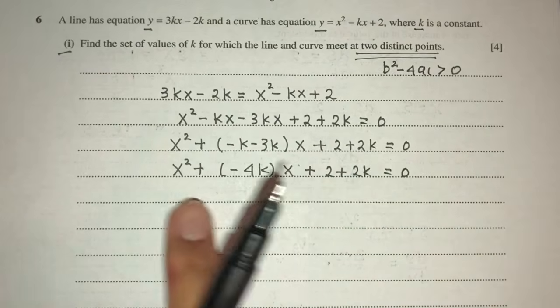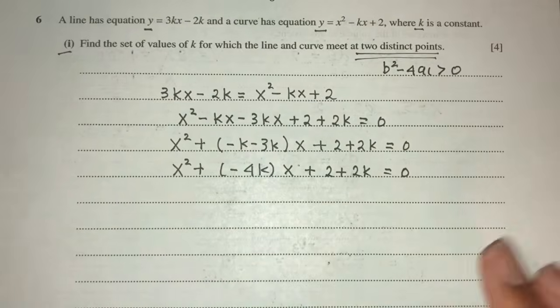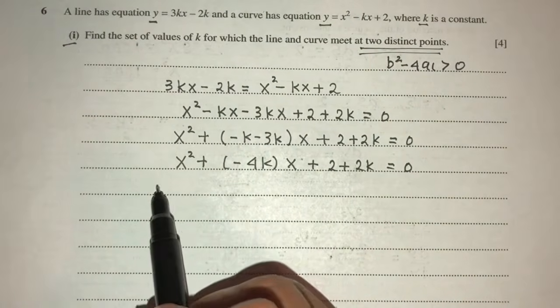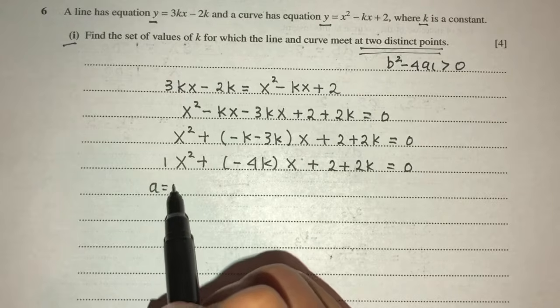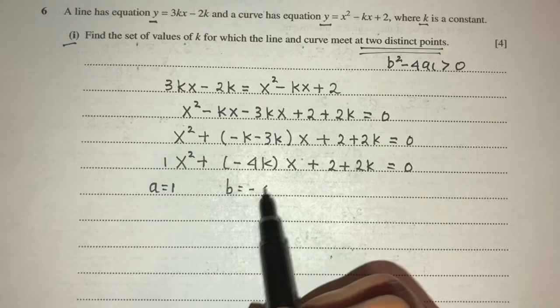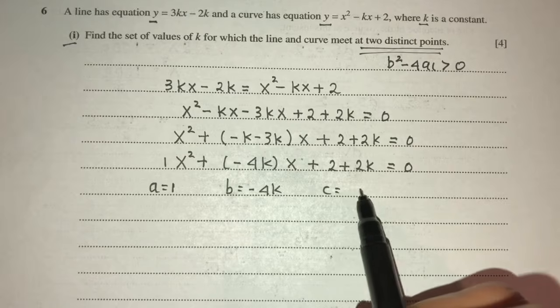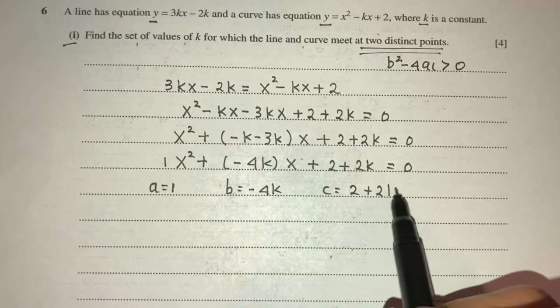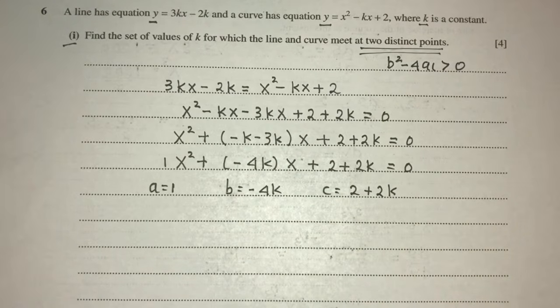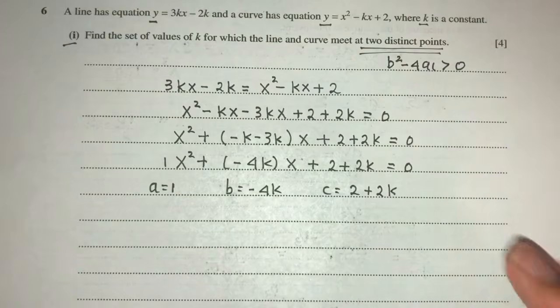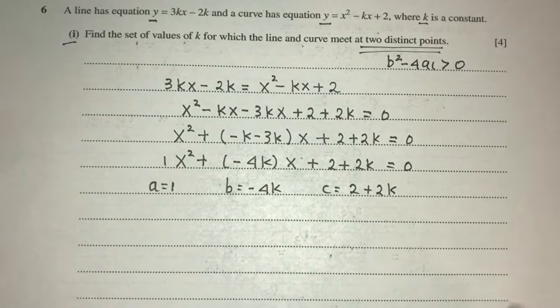As you can see here, we have a quadratic equation. So a is equal to 1, b is equal to minus 4k, and c is equal to 2 plus 2k. Now we have to go back to our equation. This one is b squared minus 4ac has to be more than 0.